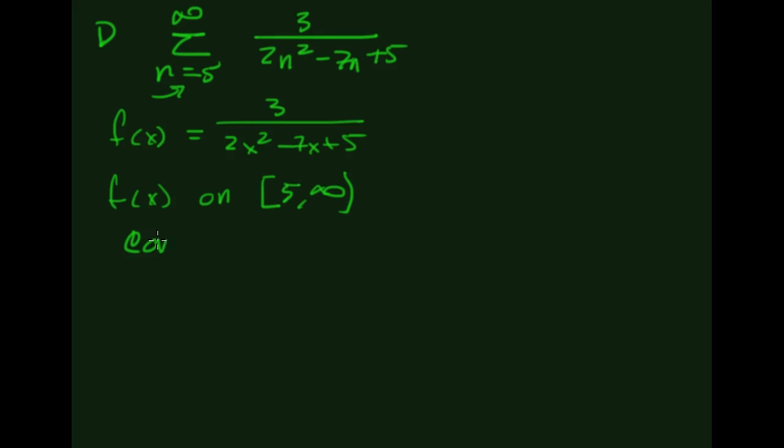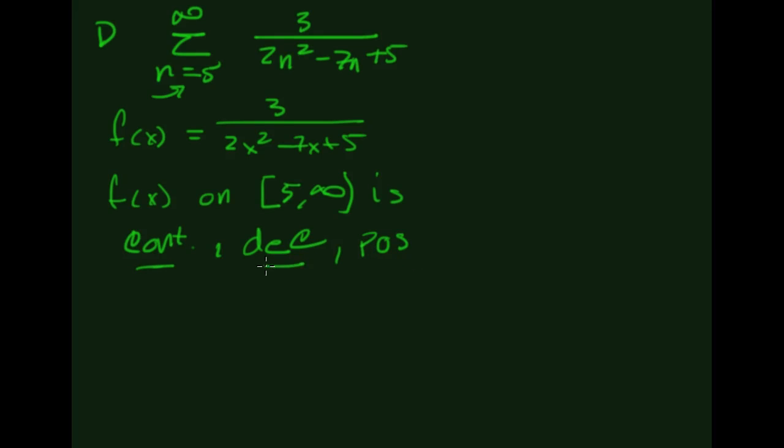It's continuous because the only points of discontinuity are 1 and 2.5. So when we're above 5, we're continuous. It is decreasing because the denominator is consistently getting bigger, because the x squared dominates. It is always positive. There's no way to make the numerator negative when I'm above 5 here.